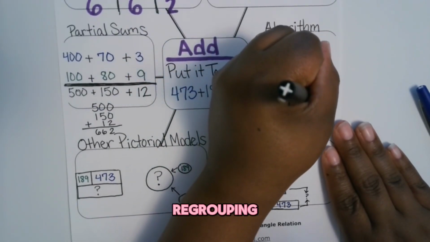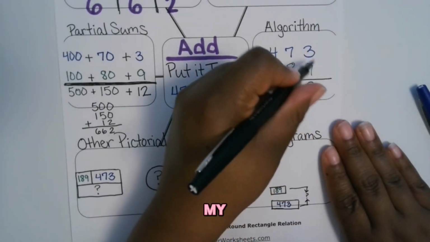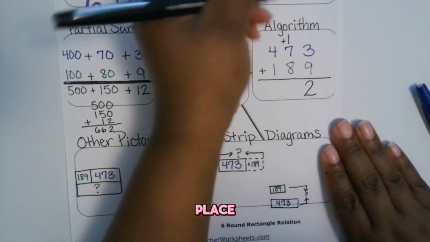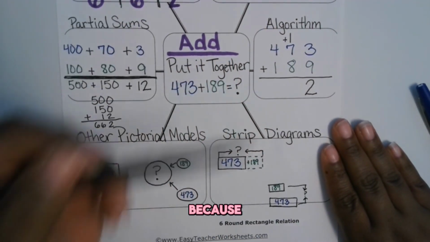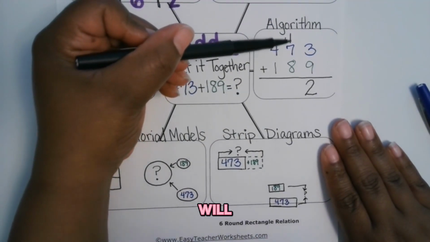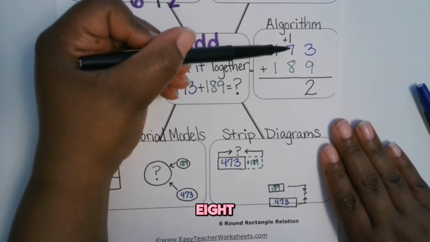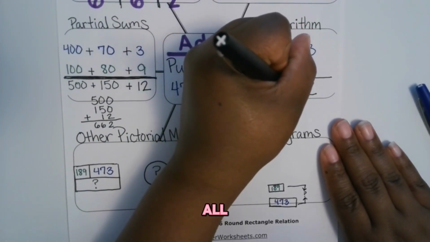Now what I do with regrouping, the 2 would stay there, of course. When I do my regrouping, I'm going to put plus 1 above that next place. And in addition to that, I'm going to count my regrouping first, because a lot of times students will forget that 1 that they added. So I'm going to do 1 plus 7 tens, that's 8 tens, plus 8 more tens is 16 tens. Can't have all 16 there, of course.